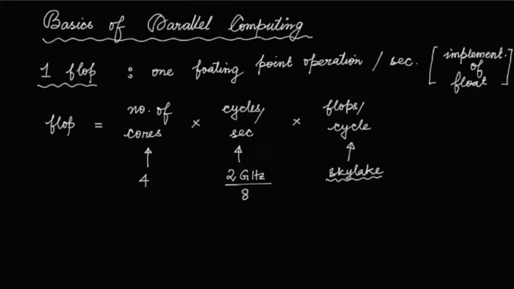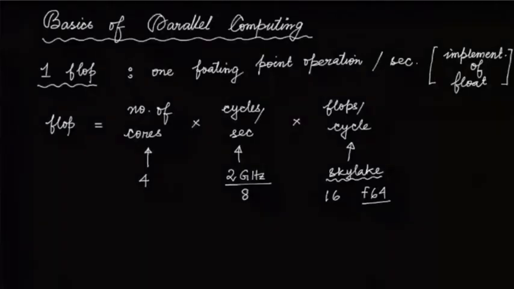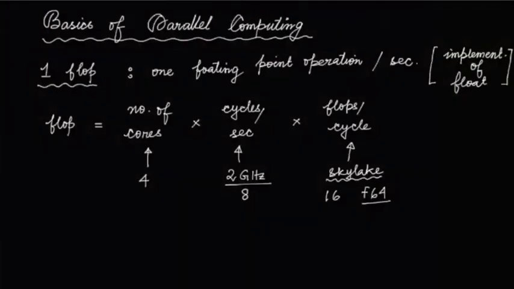This can do 16 F64 floating point operations per cycle. F64 means that you have 64-bit floating points. If I go to F32, it will be able to do 32 of these, since the number of bits reduces.